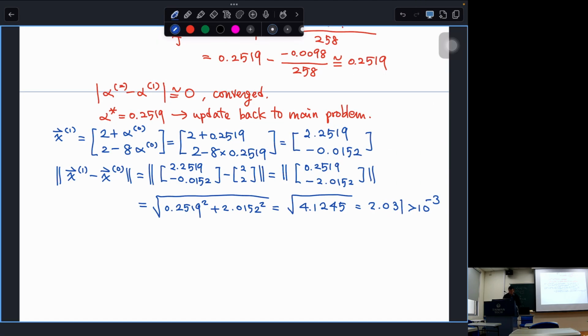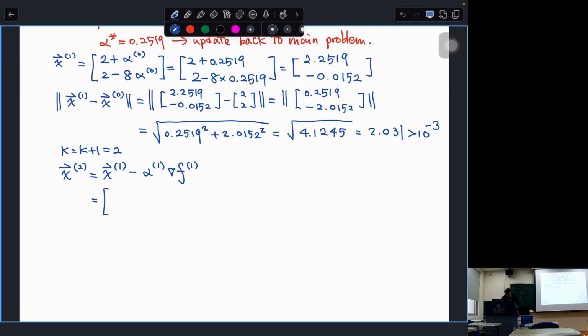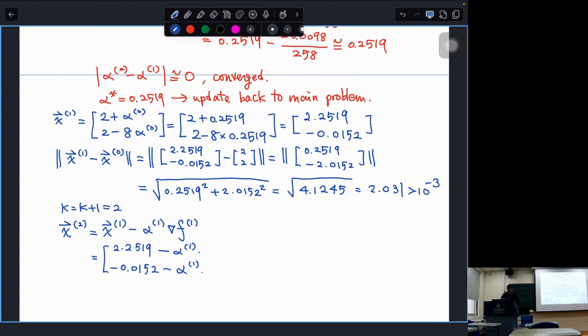So you move on to the next iteration, k equals k plus 1 equals 2. So you start with... so this gives you 2.2519. Now, gradient.